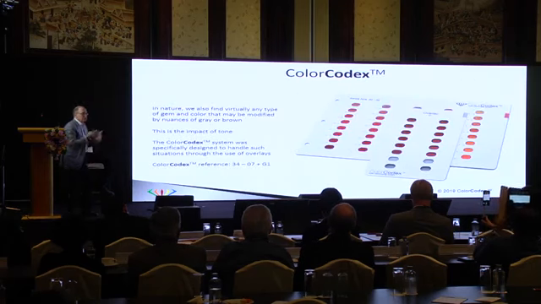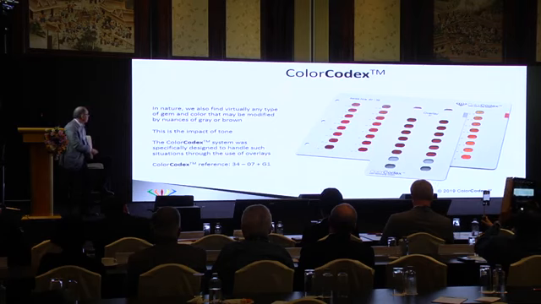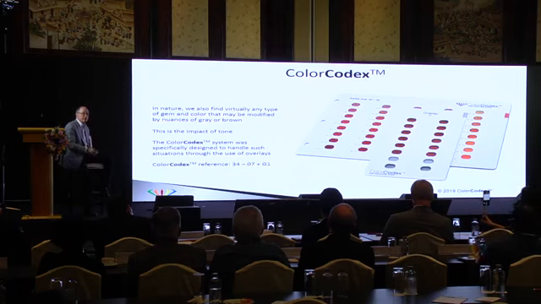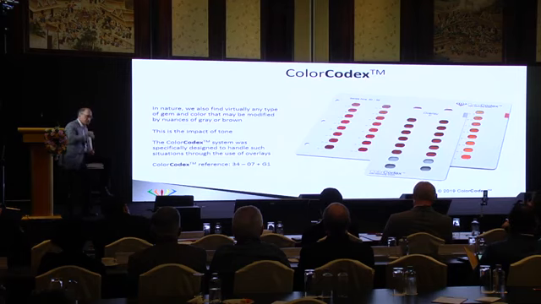Now, when it comes to colors in general, but also gems in particular, we find many colors are modified by nuances of gray or brown. This is the influence of tone. This is the vertical axis that I was illustrating before. The ColorCodex system was specifically developed to handle the influence of tone through the use of overlays.